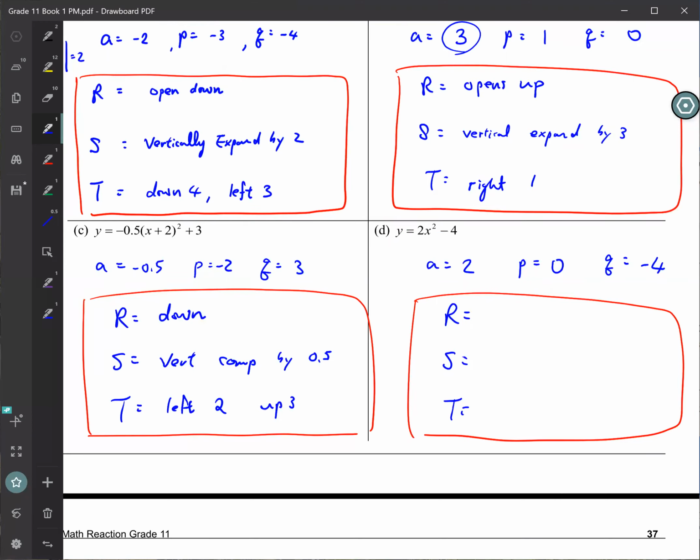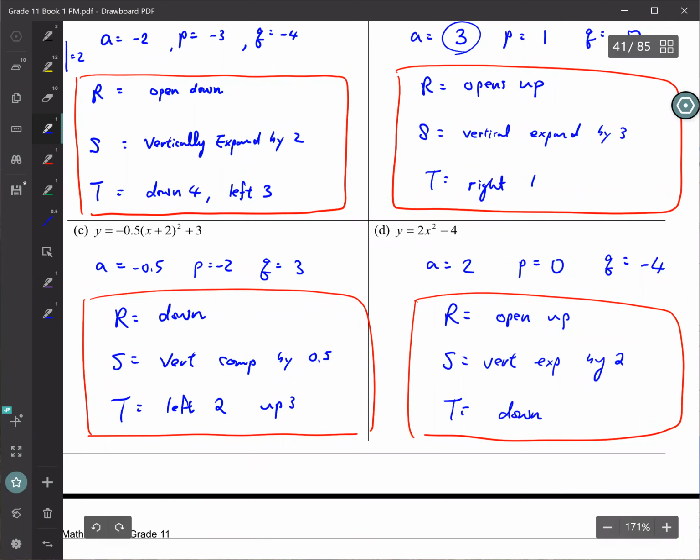A, P, Q, which one? Then opens up. How do you know? Because A is positive. Yes, so that's rule number 1, open up. Next one, S. Vertically expand by 2. Very good. And then P. Down 4. Very good.